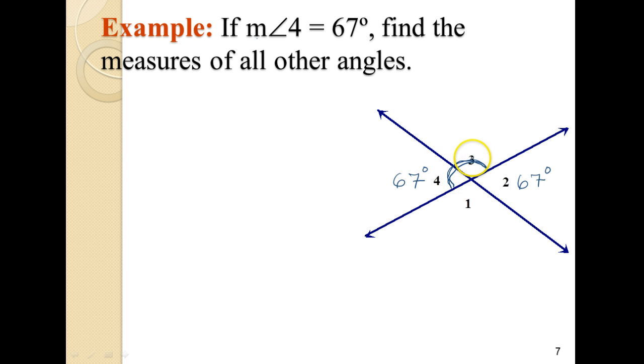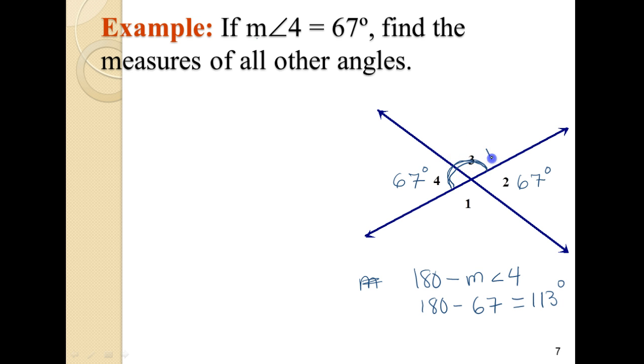So in order for me to find measure of angle 3, I have to do 180 minus the measure of angle 4, and measure of angle 4 is 67 degrees, so that means measure of angle 3 will equal 113 degrees.